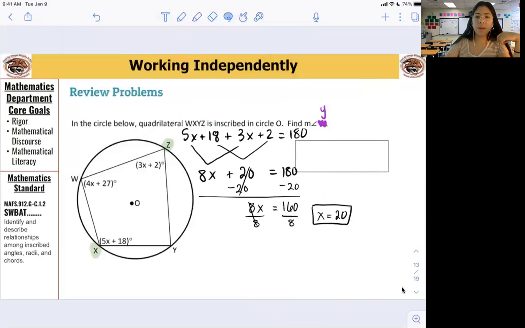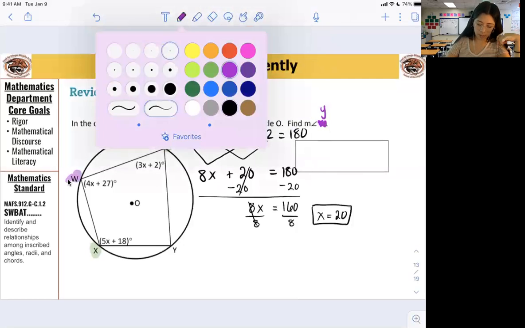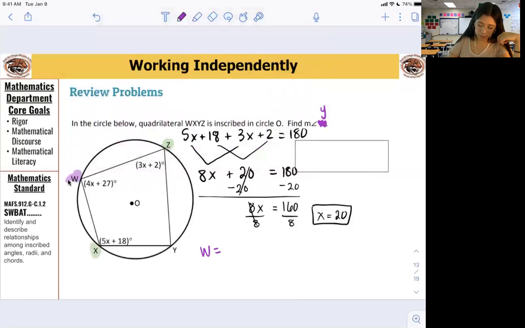Okay. Now from here, x equals 20, I need to go ahead and plug that in for w. So what's w going to be? 4 times 20, I get 80.